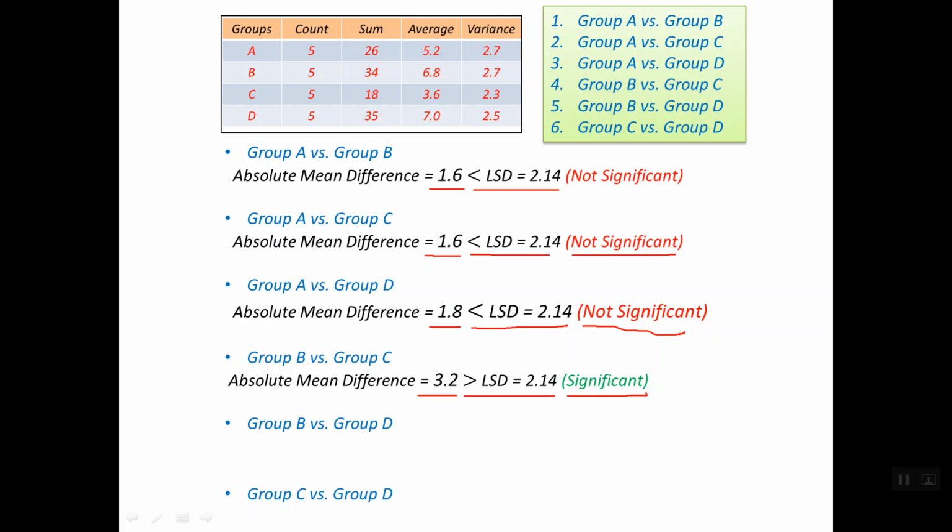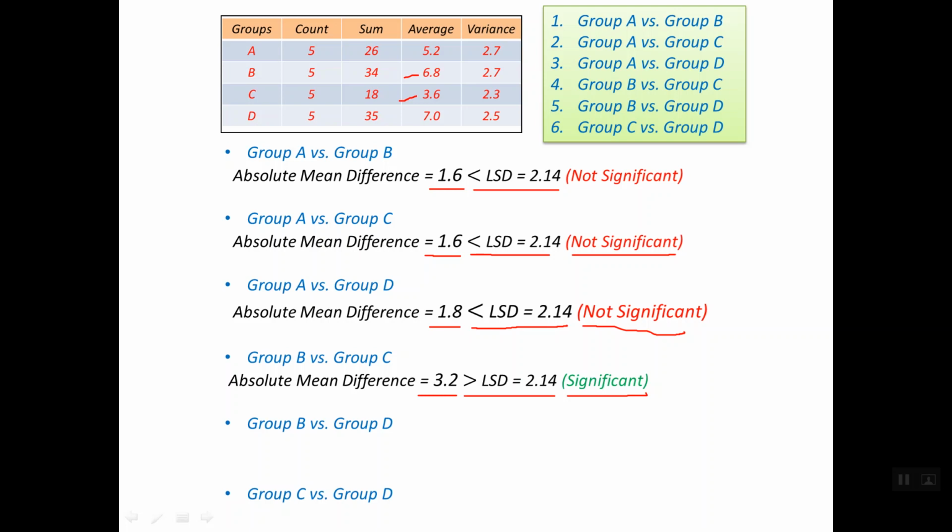Is it X bar for group B or X bar for group C? We simply can return back to the table above for the means for groups B and C. For B, it is 6.8, while for C, it's 3.6. So the mean for group B is greater than the mean for group C.